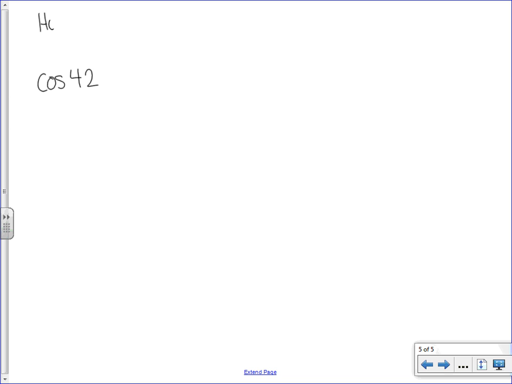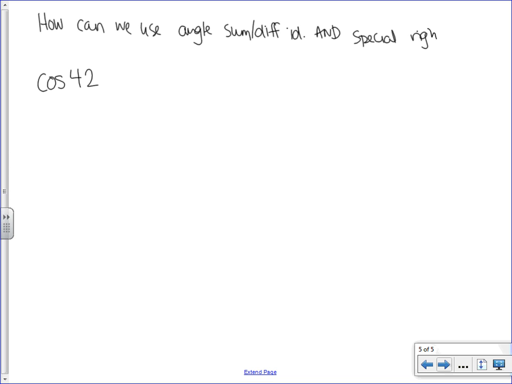All right, so how can we use our angle sum and difference identity that we just learned and those special right triangles to find the cosine of 42 without, that's the biggie, without a calculator?